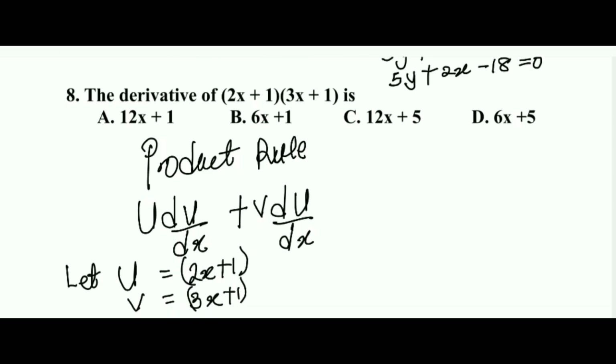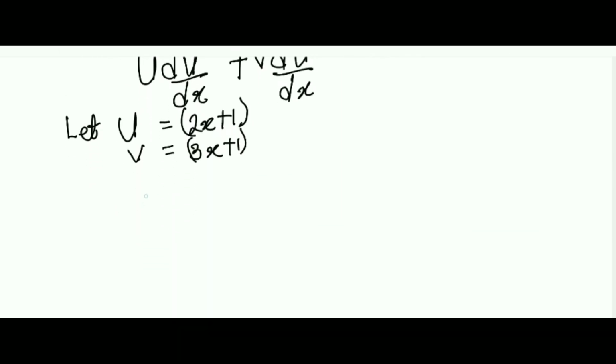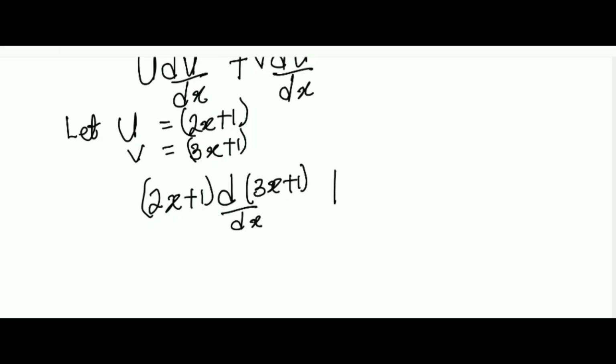So u dv, I just write the value of u, 2x + 1, and then differentiate v, which is 3x + 1, with respect to x, plus v, just write 3x + 1, and then differentiate u, 2x + 1, with respect to x.